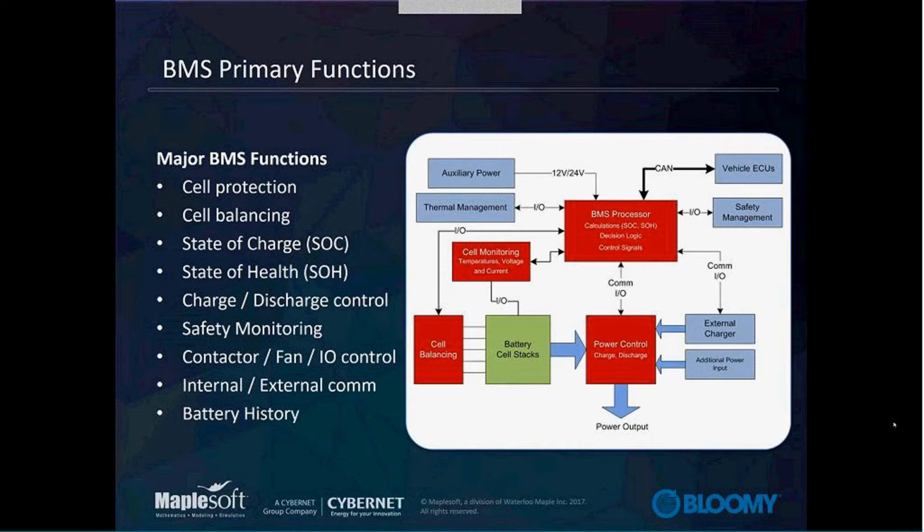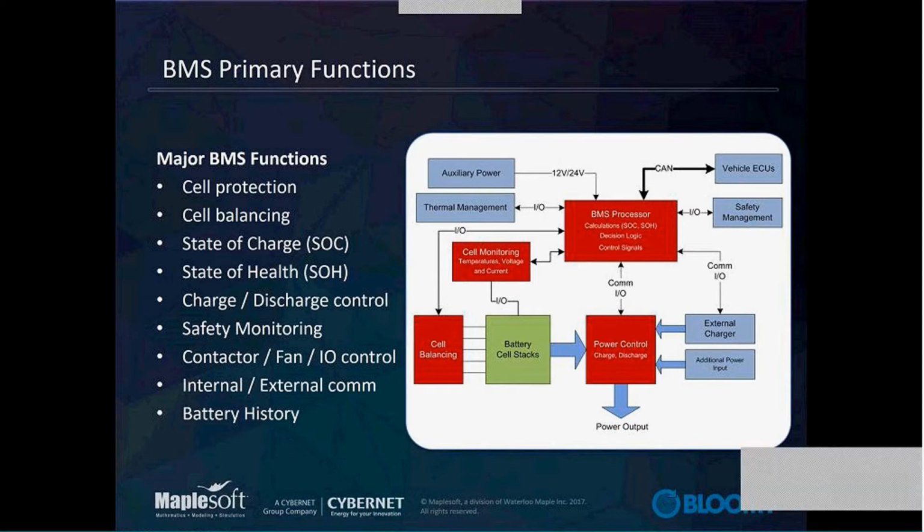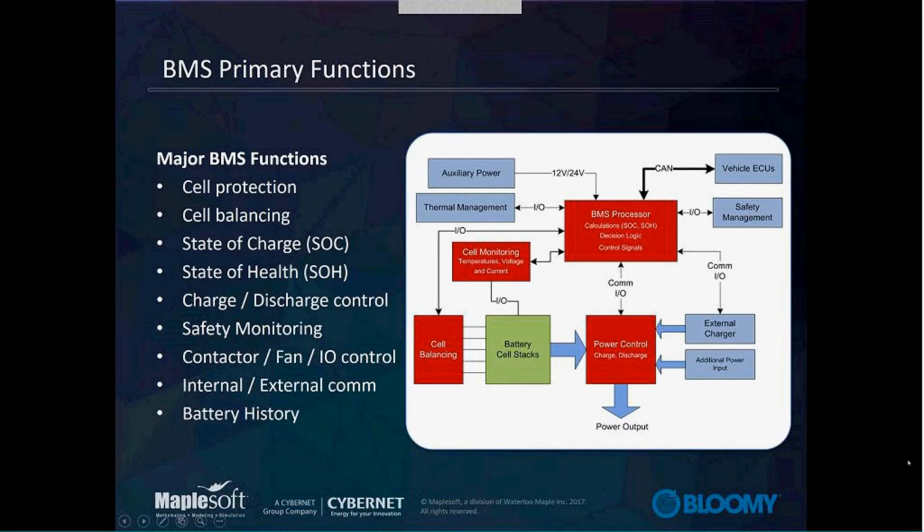So just to go over some of the basic primary functions, we have this sheet right here that demonstrates in this chart things from cell protection, cell balancing, state of health, charge and discharge control, monitoring, and contactor control.